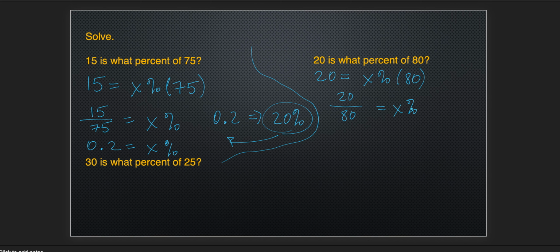So 20 divided by 80 is 0.25. So what percent is that? If I change that decimal to a percent, that's 25%. So 20 is 25% of 80.